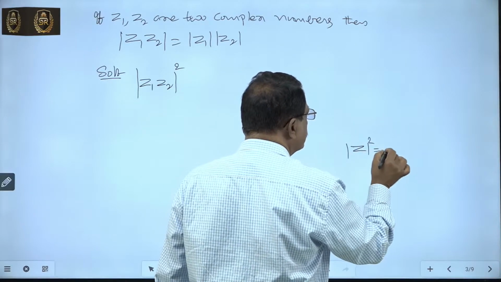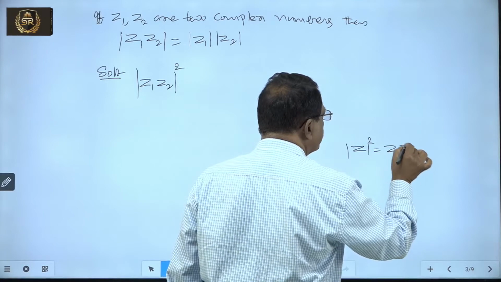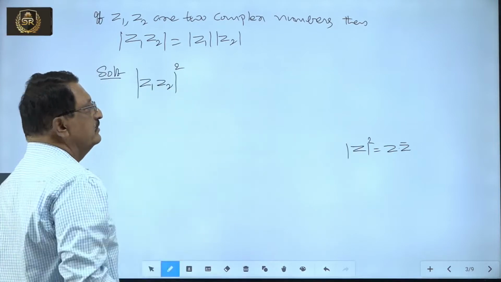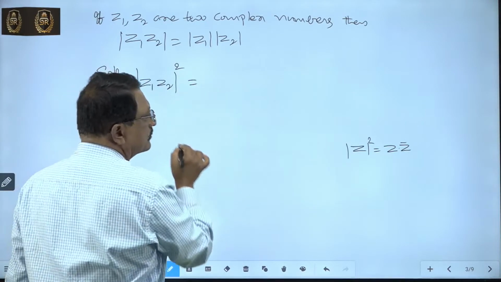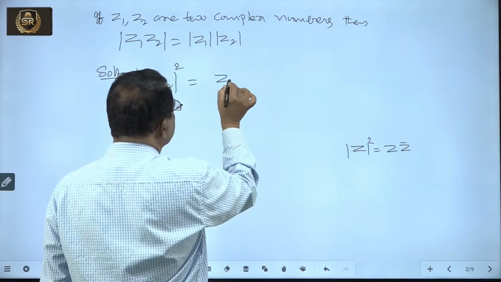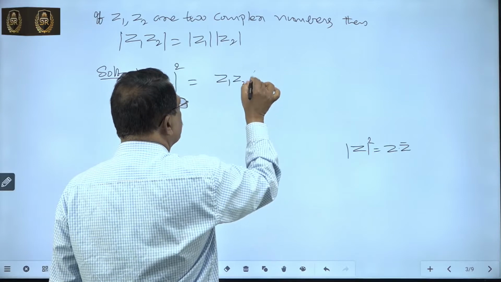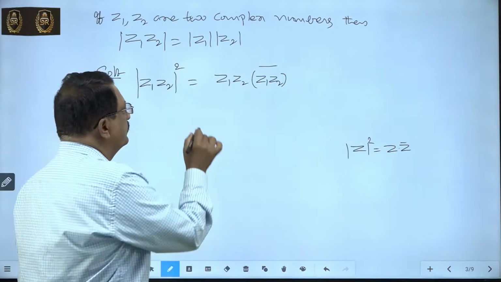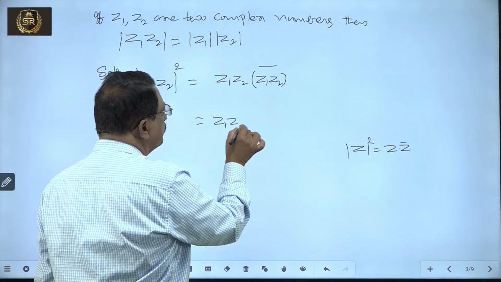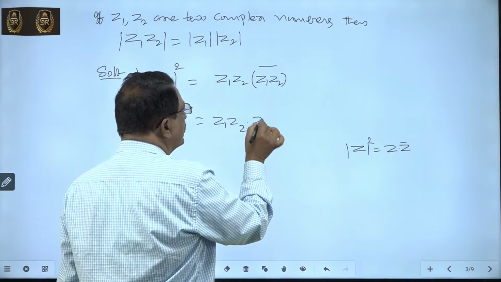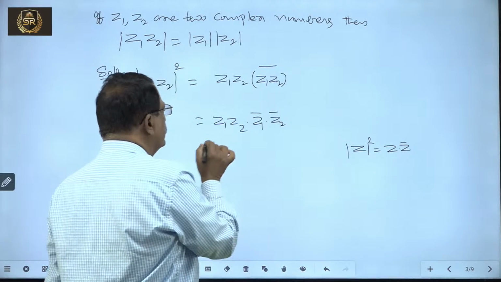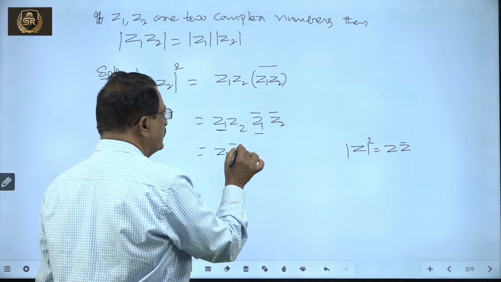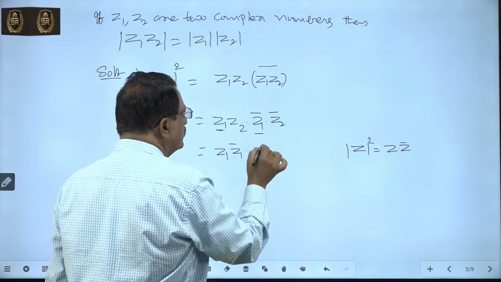mod z whole square equals z into z bar. Now in place of z, consider z1 z2. It equals z1 z2 into z1 z2 bar, that equals z1 z2 into z1 bar into z2 bar, that equals z1 z1 bar into z2 z2 bar.